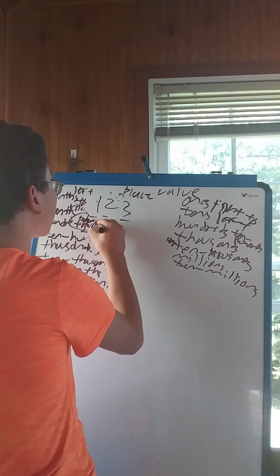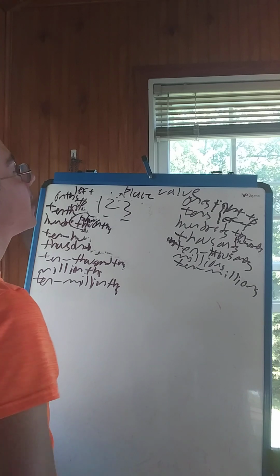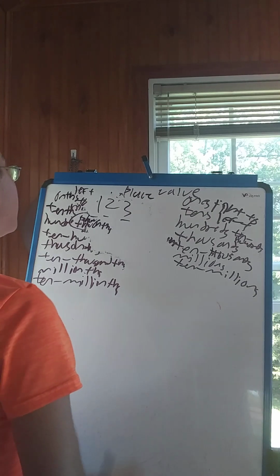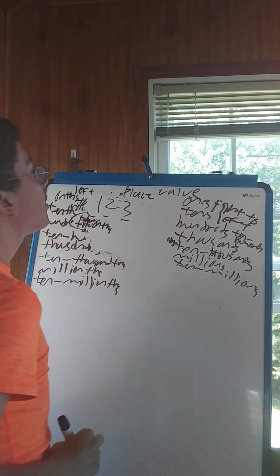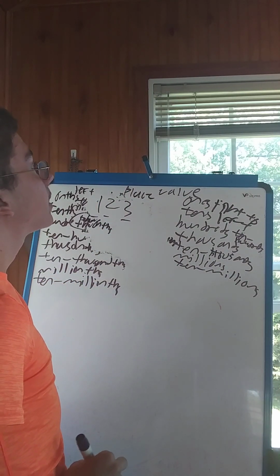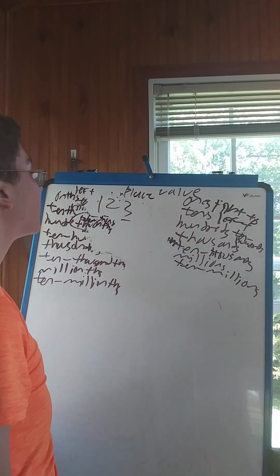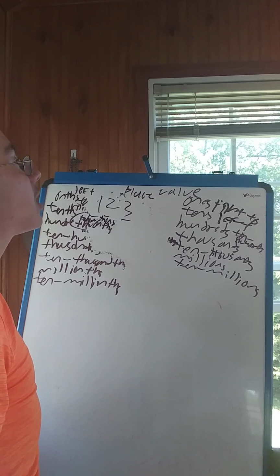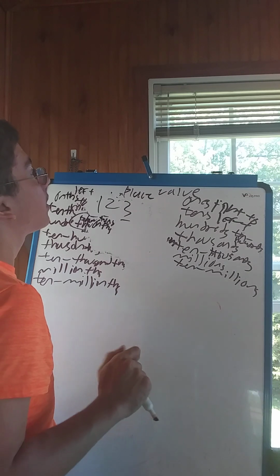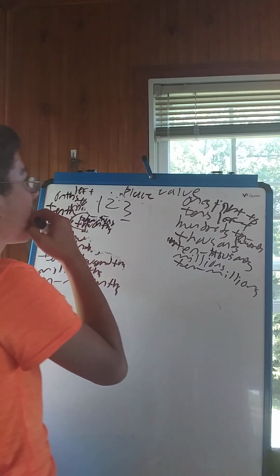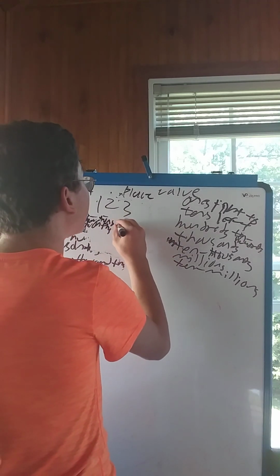Remember, these same placements, just go down the list, but in the direction. So this would be the ones, the 2 going right to left, the tens. Right to left is the tens, and the 3 going left to right would be the hundredths.